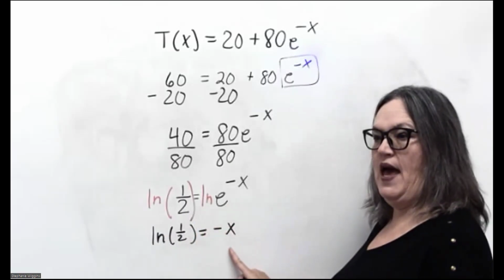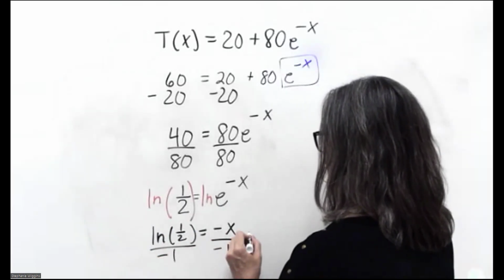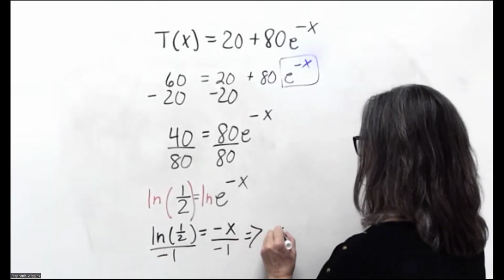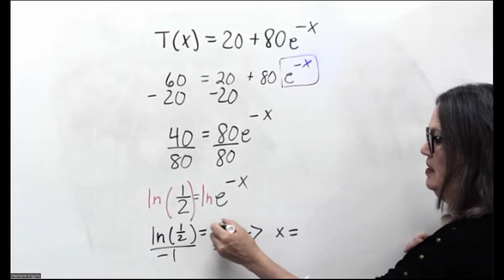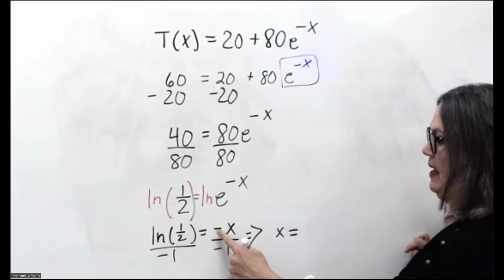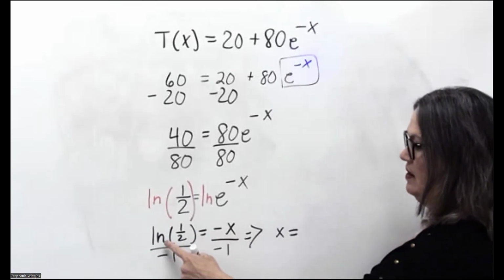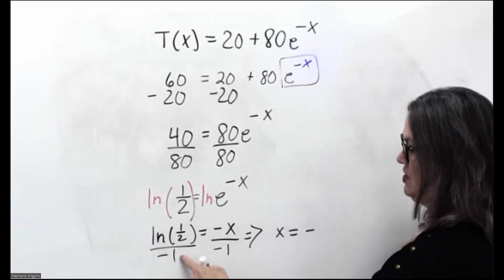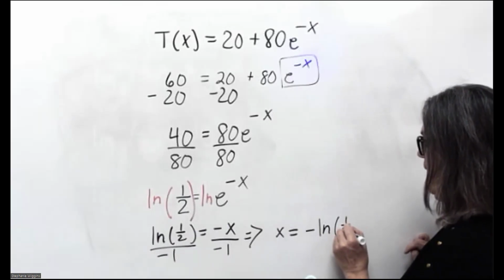And now to solve for x, I just divide both sides by -1. And I get that x is equal to, that cancels, so I just get plain old x. And the negative in the denominator can be moved to the numerator. Negative natural log of 1/2.